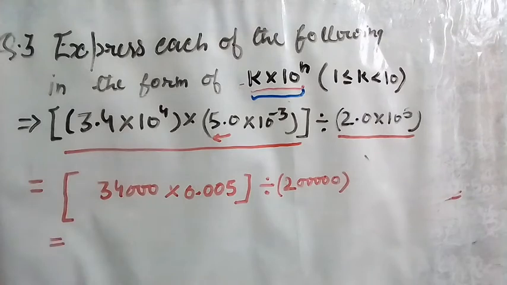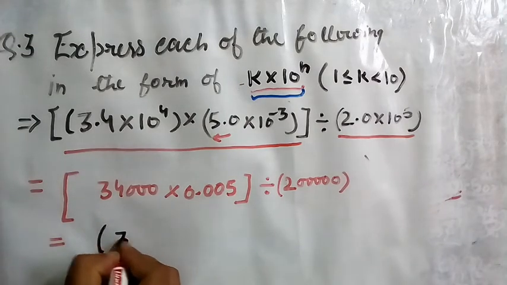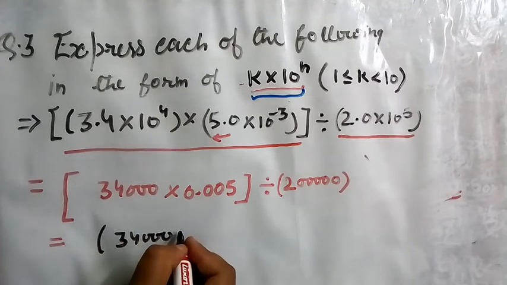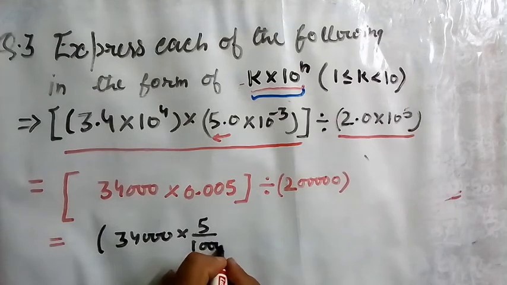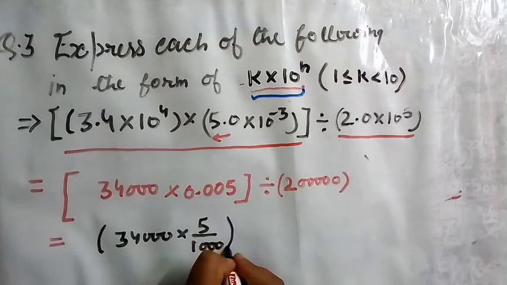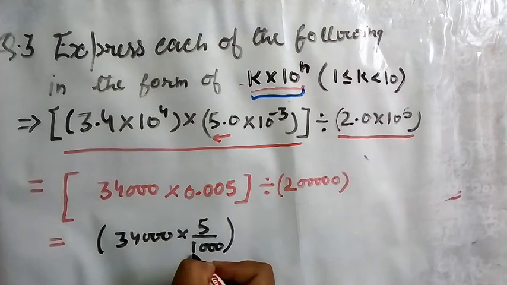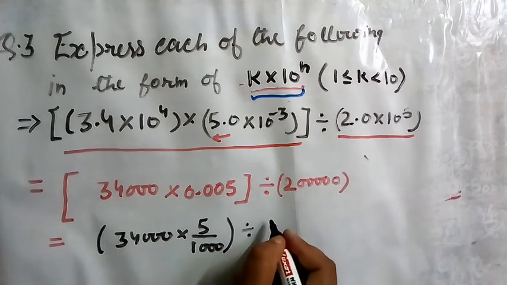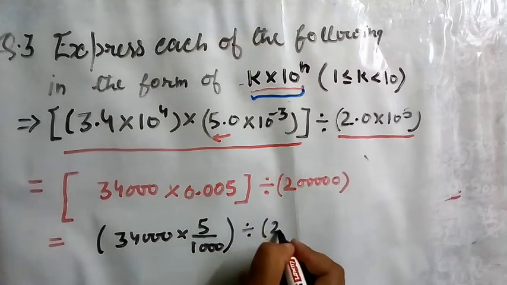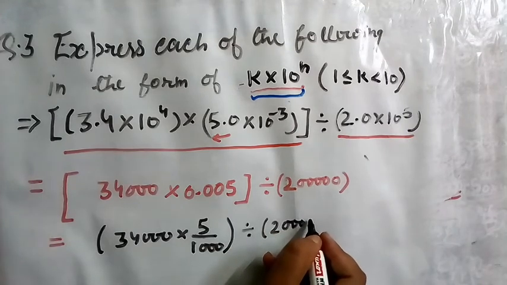Now simplify it. This will be equals to 34,000 multiplied by 5 upon 1000, for decimal you can put 1 here and 3 digits are there, so 3 zeros, and whole divided by 2 lakh as it is.